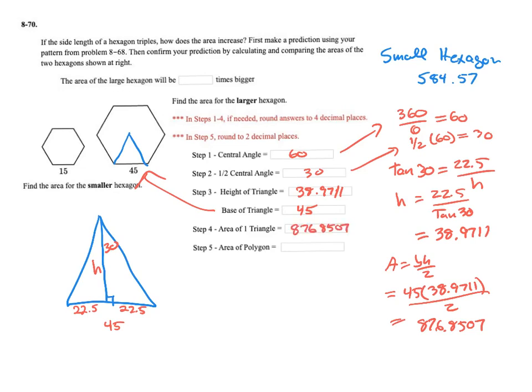Then multiply that by the number of sides for the last step, and you get 6 times 876.8507. And when you put that in, you're going to end up with 5,261.10.